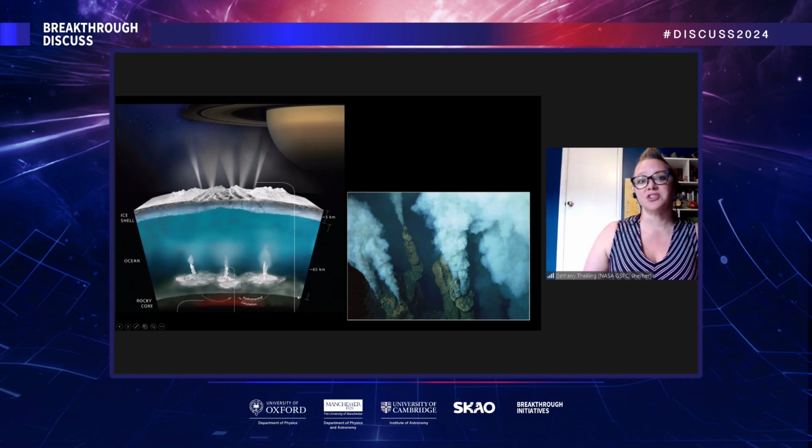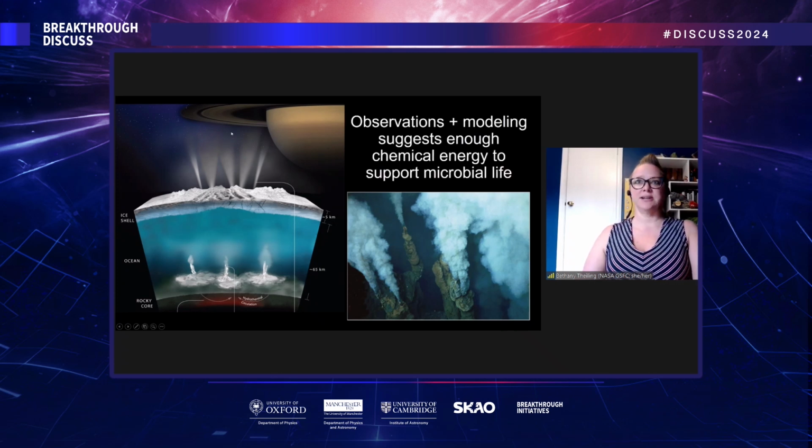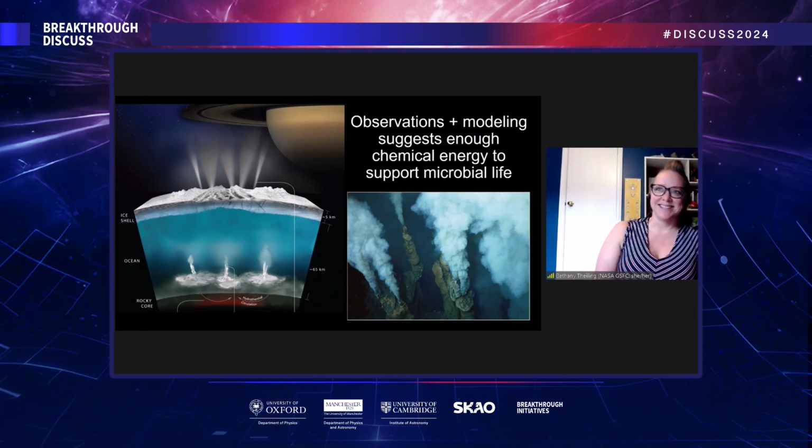It's 65 kilometers thick, the ocean. That's very, very deep. And of course, we have these cracks that go through the surface and eject material here. Now, a lot of the work that Chris Glein and his colleagues have done suggests that there's enough chemical energy to support microbial life, which makes this a really exciting target. And this is one of the reasons why we decided to focus on it.